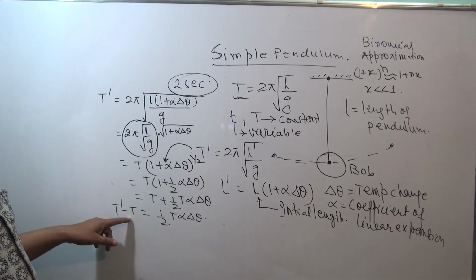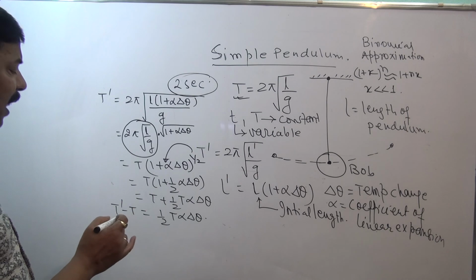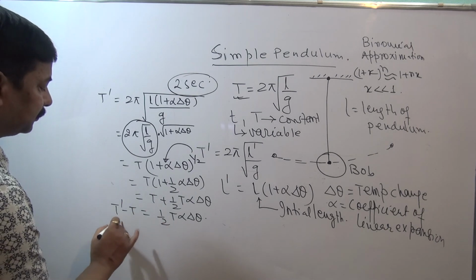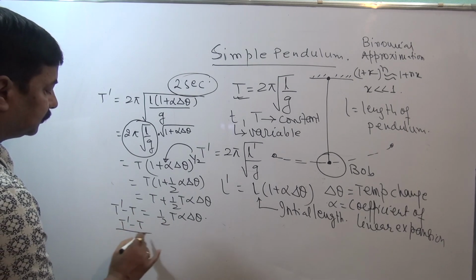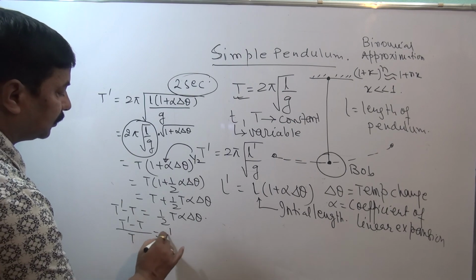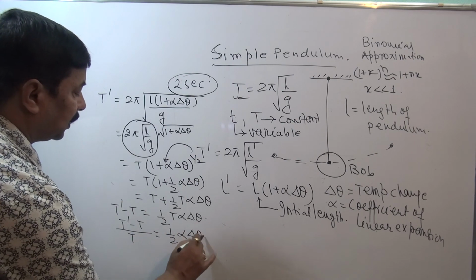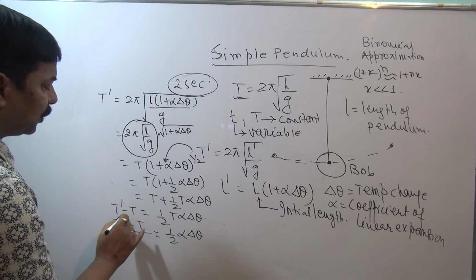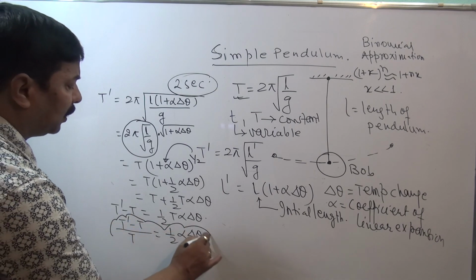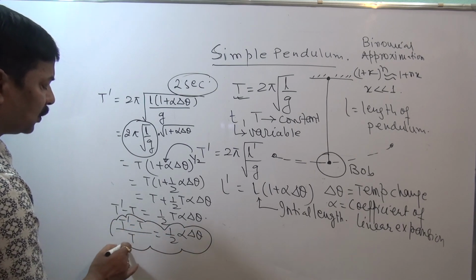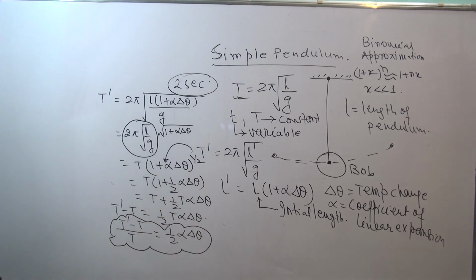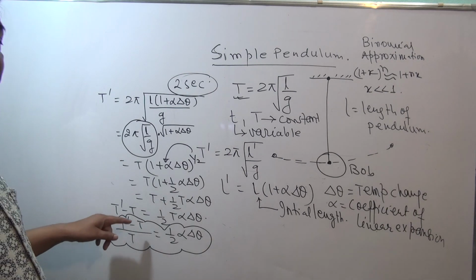This is the change, and if I divide it by T, this is the formula that you are supposed to remember all the time for the loss or gain in time. What I mean to say, this is the loss or gain in time per second.